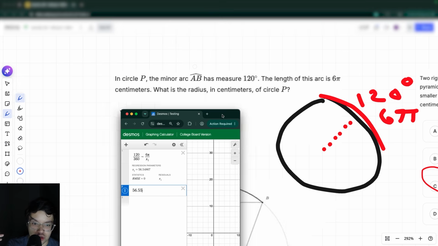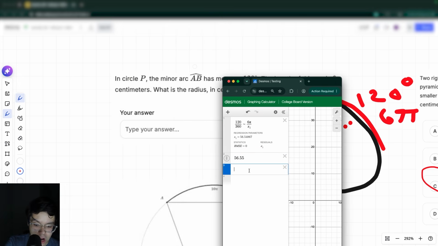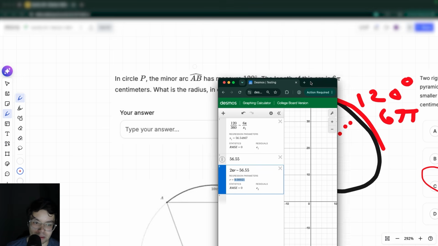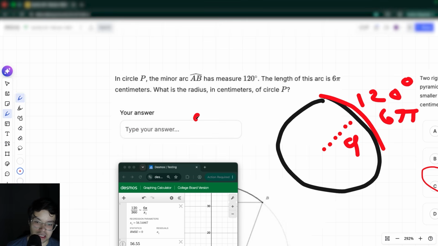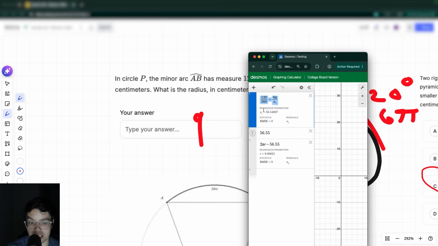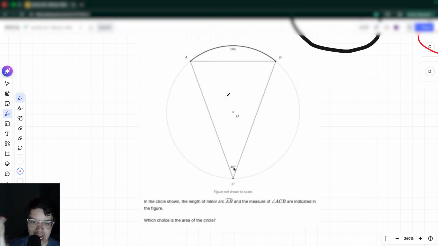That is the full circumference of the circle. Now remember as well that circumference is 2 times pi r. So we can just say here 2 pi r equals 56.55, and then we get r must be equal to 9. Looks like a whole number, so probably is correct. So yeah, 9 is what I'm getting for the answer. Same kind of thing, we just set up a formula here instead of the other stuff that we did before.